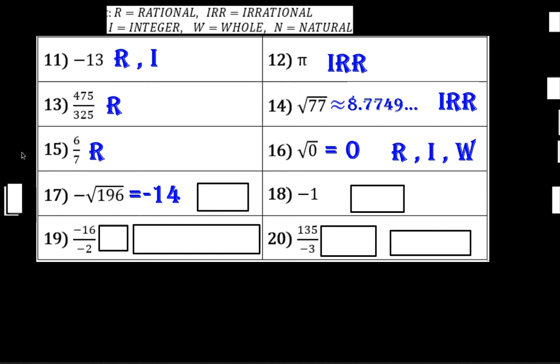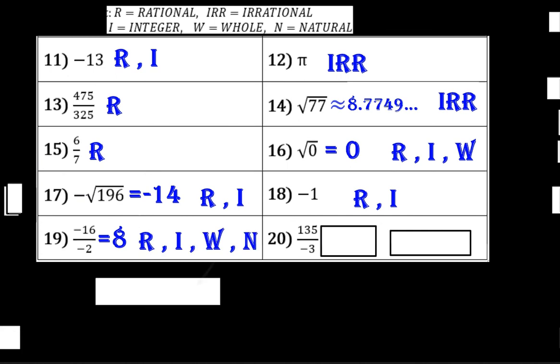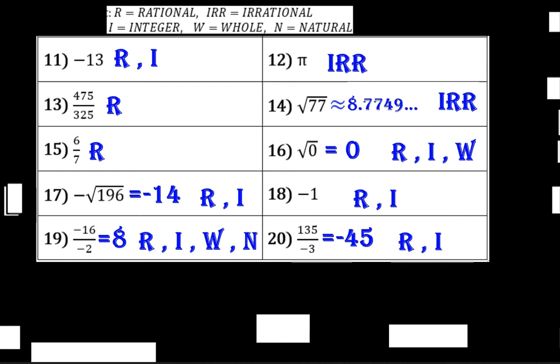So we are saying the negative square root of 196 is negative 14, which is an integer and rational. Same thing for negative 1. For 19, we have it is equal to 8, and so that's all 4 of those. And for 20, we say that is equal to negative 45, which is an integer and a rational number.